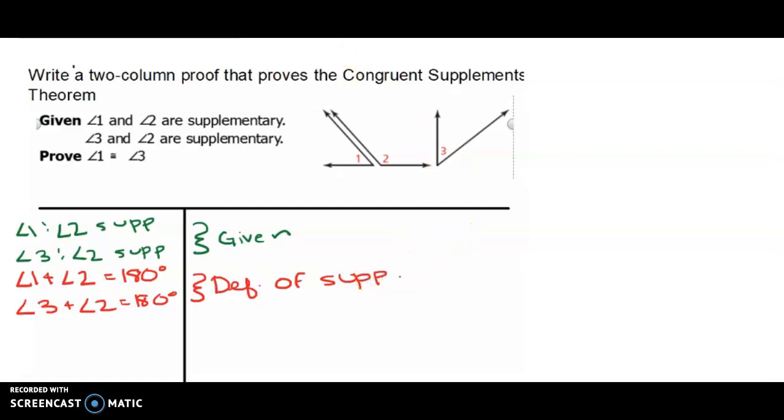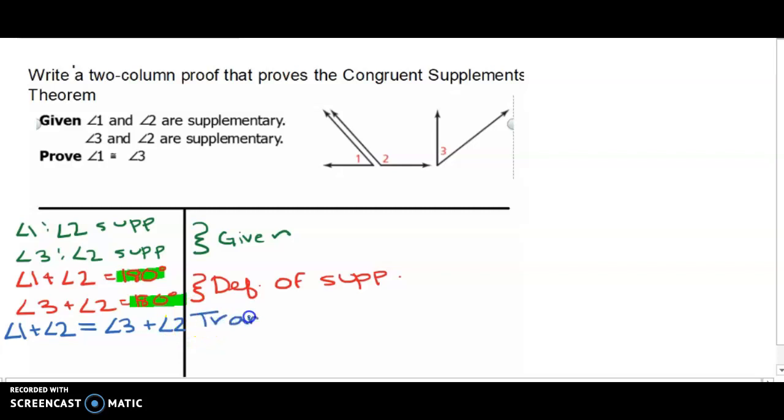All right, now once again, we have angle 1 plus angle 2 equals 180, and angle 3 plus angle 2 equals 180. So if there's two things that are equal to the same thing, they have to be equal to each other. So that means angle 1 plus angle 2 has to equal angle 3 plus angle 2. So that would be the transitive property of equality.